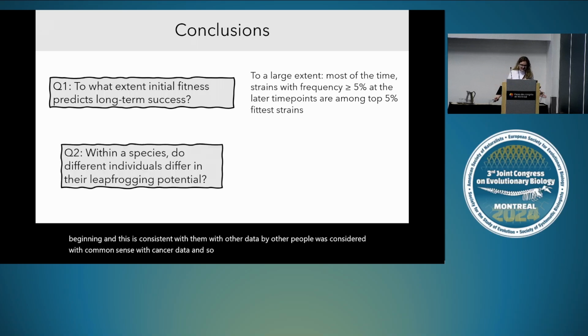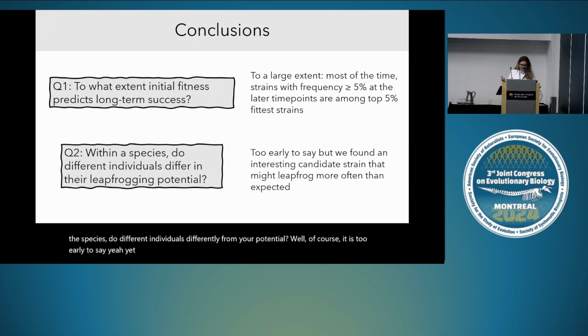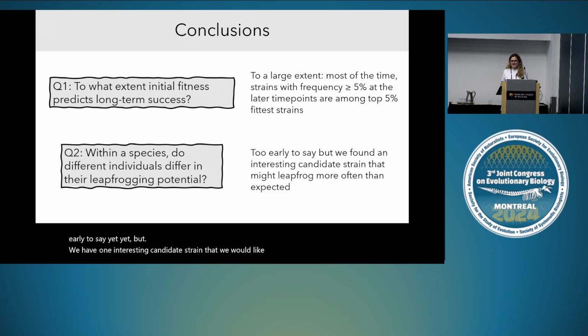And then our second question was, within a species, do different individuals differ in their leapfrogging potential? Well, of course, it is too early to say yet, but we have one interesting candidate strain that we would like to investigate more to see whether this is it, or maybe this is something else.